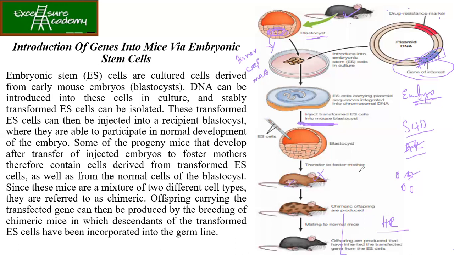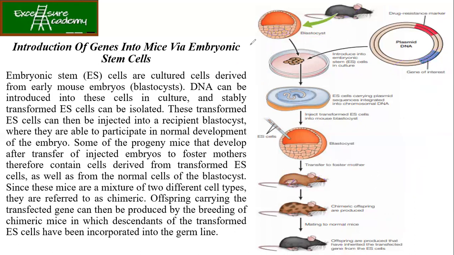So at each step there are so many challenges. It's easy to explain how embryonic stem cell therapy can be done, but at each stage it is very challenging. In most cases research is still going on. If you ask why it is failing, the simple answer is that till now we don't know all the requirements of the proteins or transcription factors which stimulate embryonic stem cells to get differentiated.